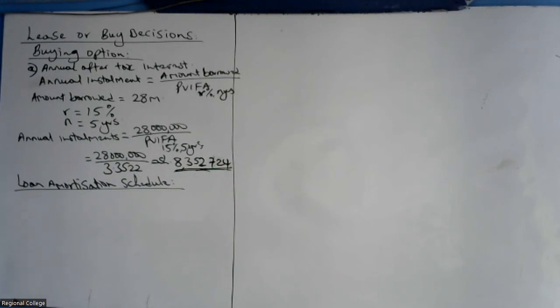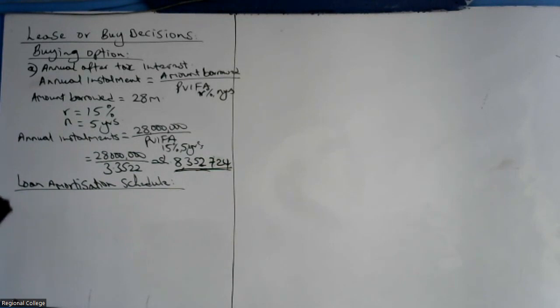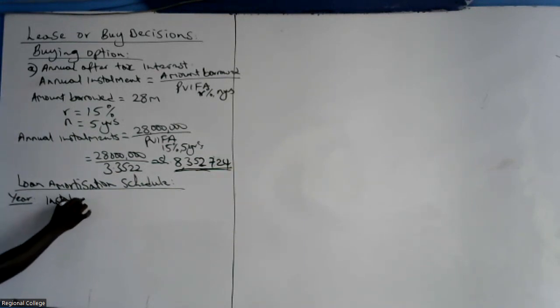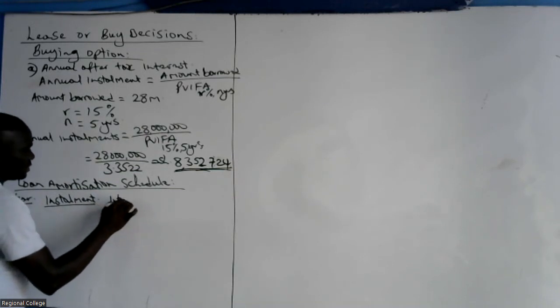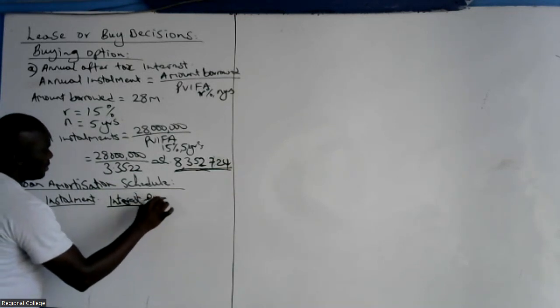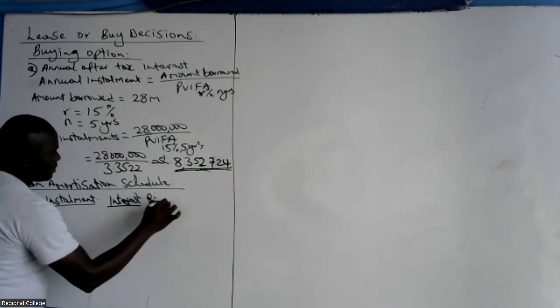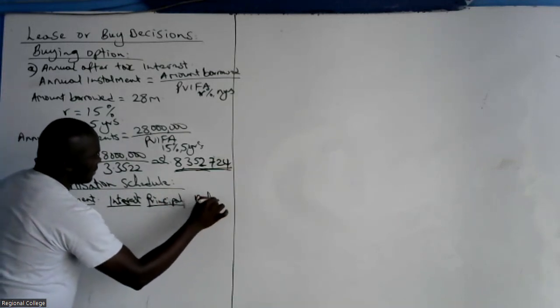So we have the loan amortization schedule. We can use this approach. We have our year. We can have our installment. Then we can have interest, principal, then we have the balance.